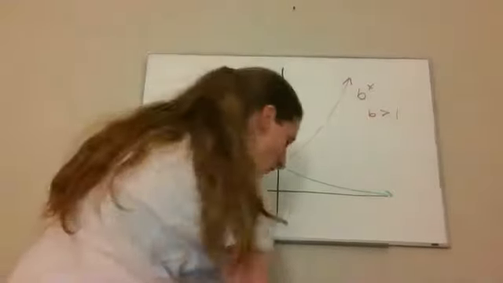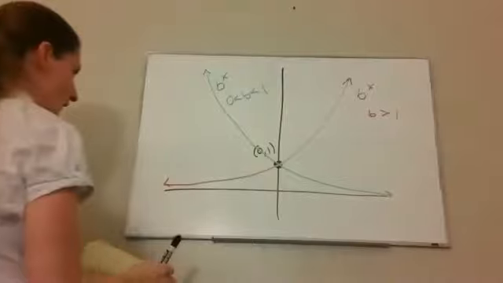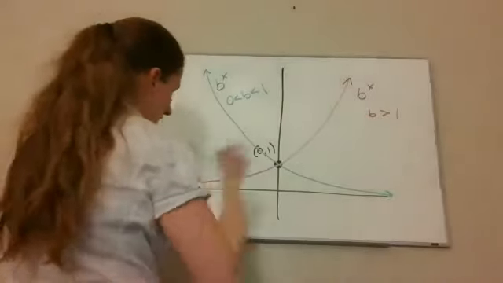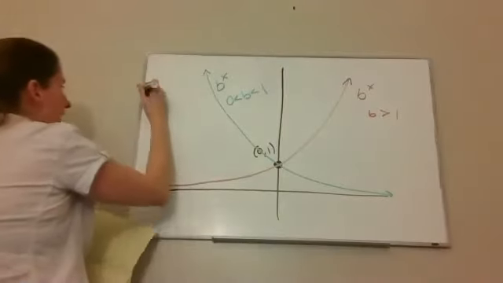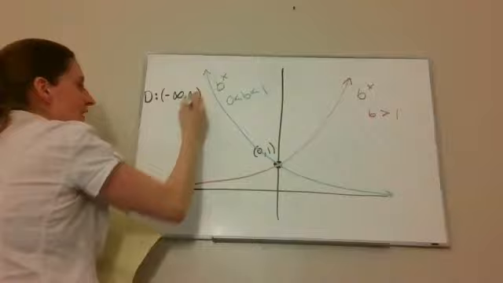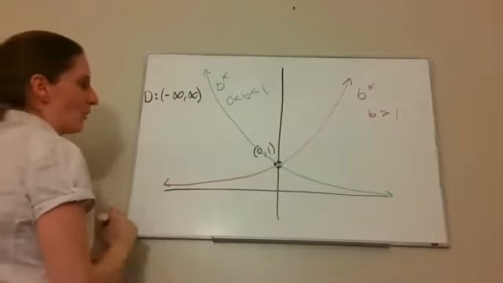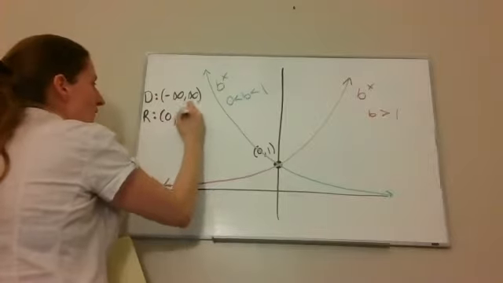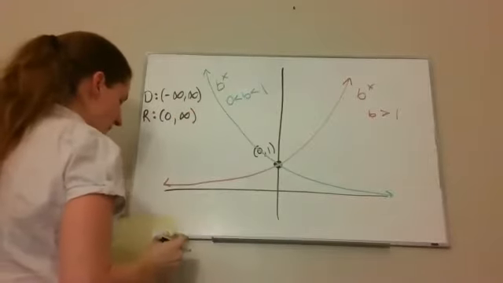So things that are always going to happen with our graphs: we always go through that point (0, 1). We have a domain of negative infinity to positive infinity. I can plug in any x value I want, but my range starts at 0 and goes to positive infinity.